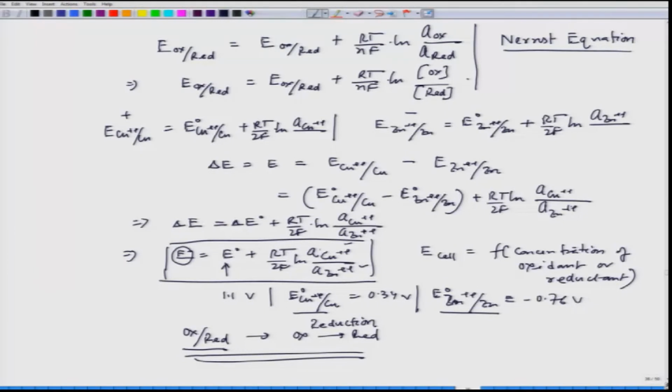Now, if we make this 1 and this 1, then of course E becomes my E0 cell, which is the standard potential difference. This also becomes delta G0, because we are considering the standard value.